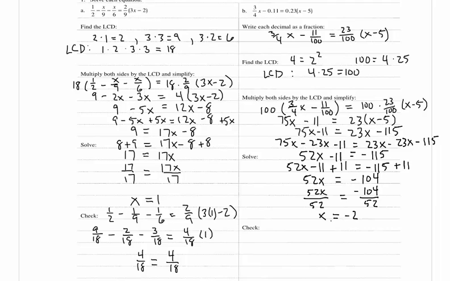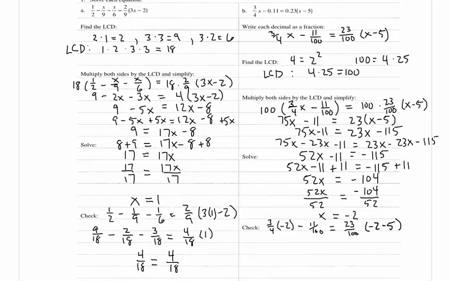And now we want to check to make sure that negative 2 is a solution to our equation. So we're going to plug negative 2 back into the original equation. We have 3/4 times negative 2 minus 0.11, which we could write as 11 over 100, is equal to 0.23, which we could write as 23 over 100 times x, which is negative 2 minus 5.